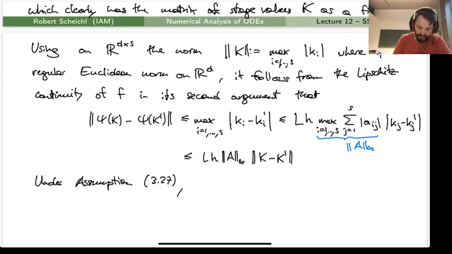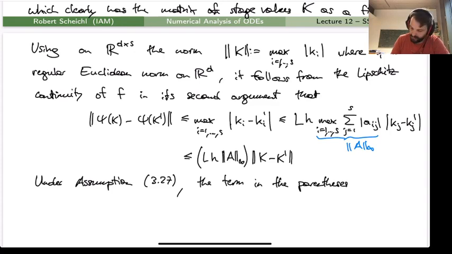So under assumption 327, the Lipschitz constant, let's put it in parentheses like I did in the notes, the term in the parentheses is strictly less than 1.